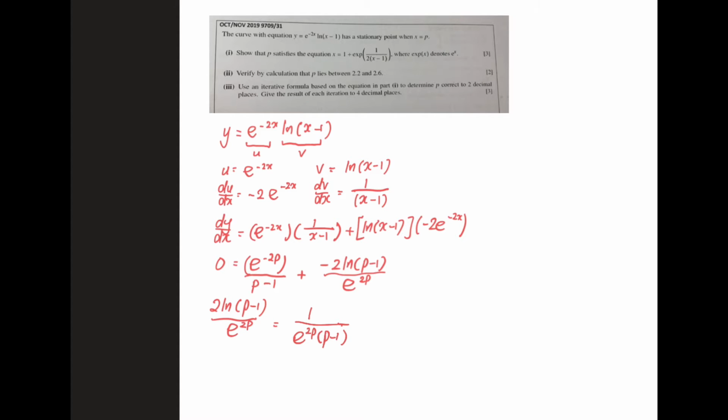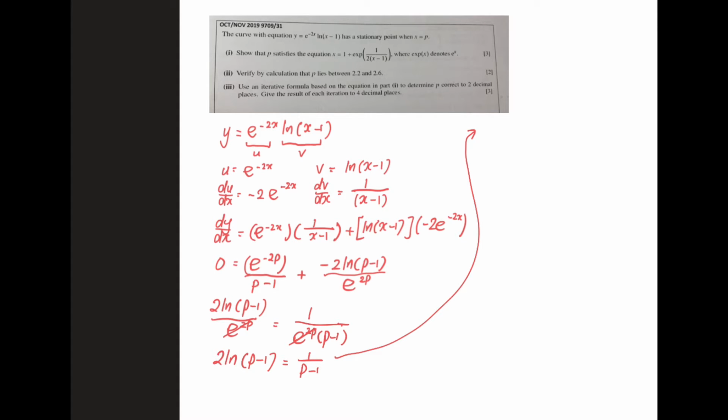Okay, so I will get something like this. And after that, when I look at this, I realize what they do over there is they eliminate the e to the 2p on both sides. Okay, and then I get this one, 1 over p minus 1. Okay, then I continue here.